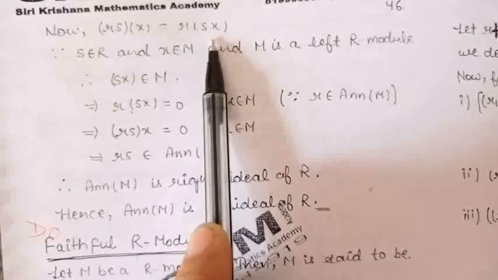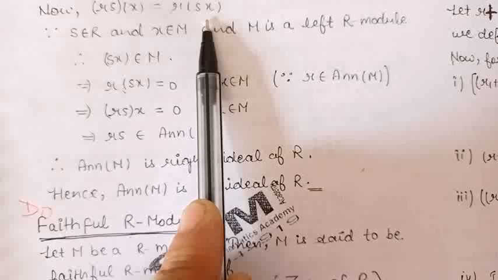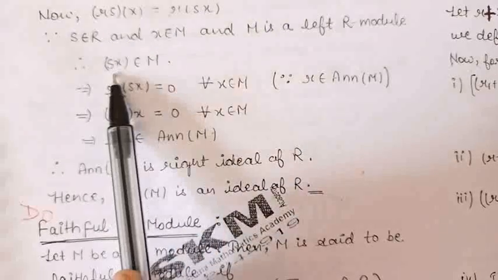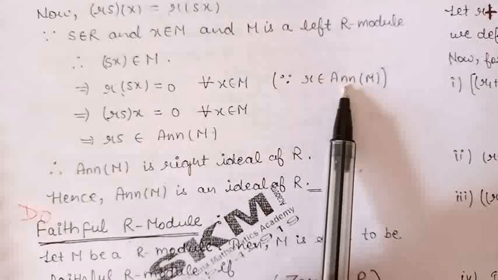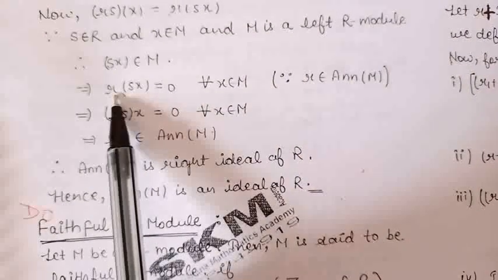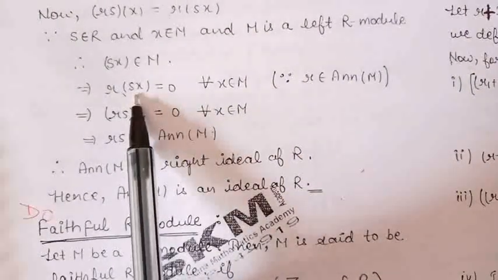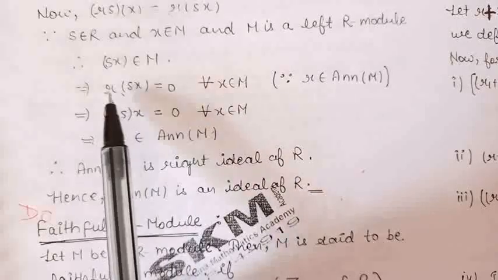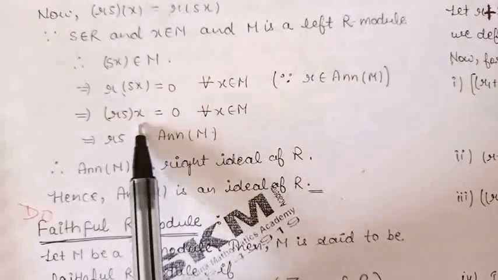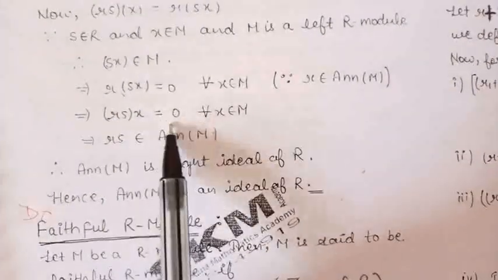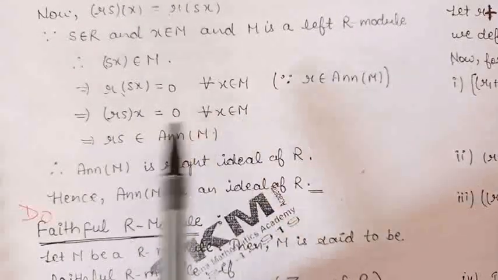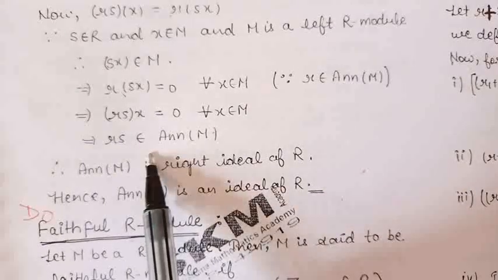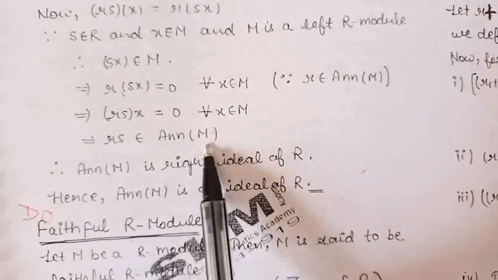Now s belongs to the ring R and x is an element of module M, so s into x belongs to M. And because we have taken r belonging to annihilator of M, r into an element of the module is equal to 0, and this can be written as rs into x. So rs into x is 0 for every x belonging to M. So this proves that rs belongs to annihilator of module M.